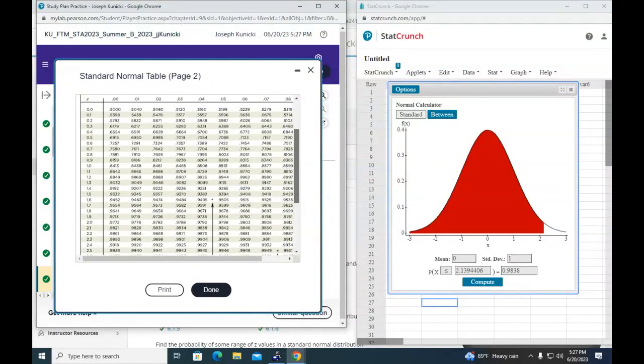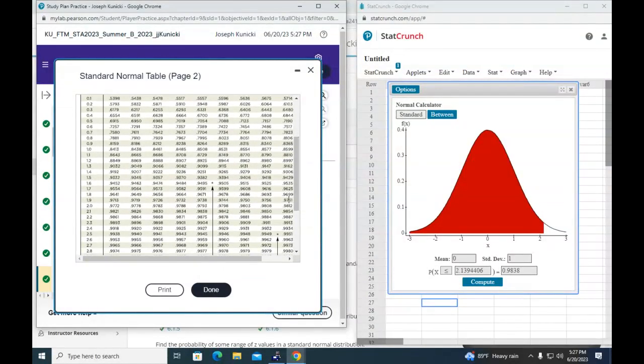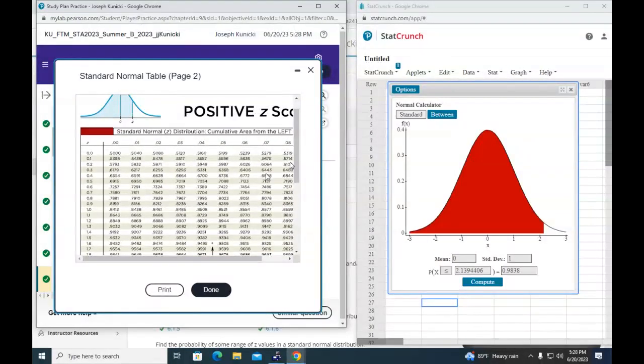I'll just show you how crazy this is. There it is, right there, 9838. So you get 2.1, and this is the 4 column, I think. Let's see if that's right. Yeah, 4 column. So 2.14. That's how we used to have to do it.